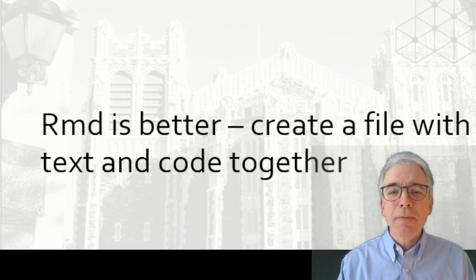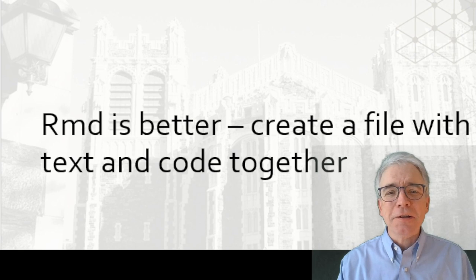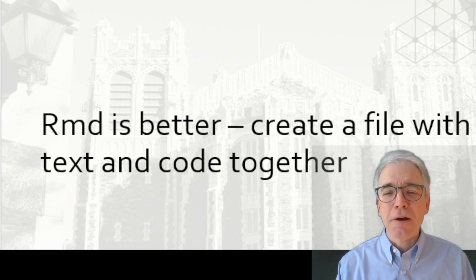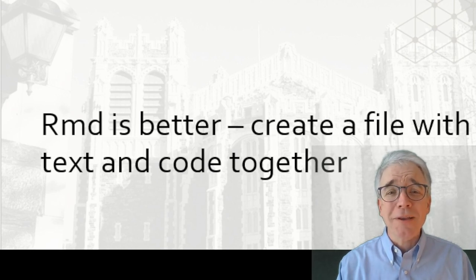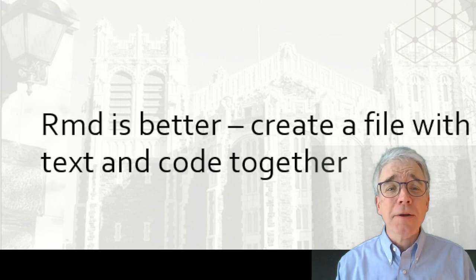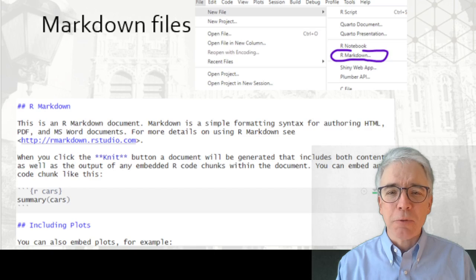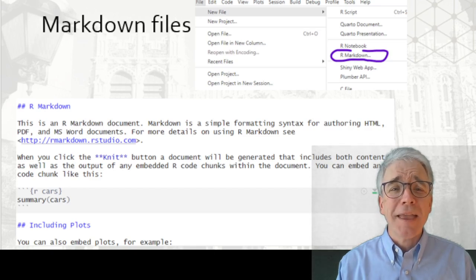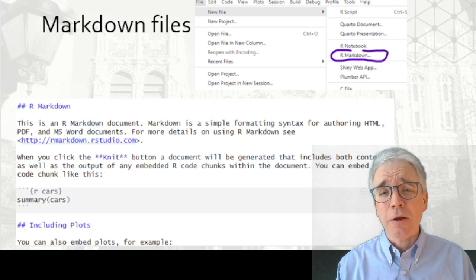Next step, create a file called RMD, which is our markdown file. It creates one computer code that has the text of your output and the code that runs it all joined together. With this markdown, you can tell it what output should be created. The advantage of an integrated markdown file: I want to write up my results.